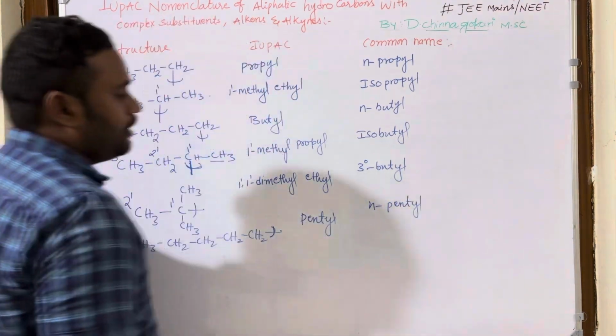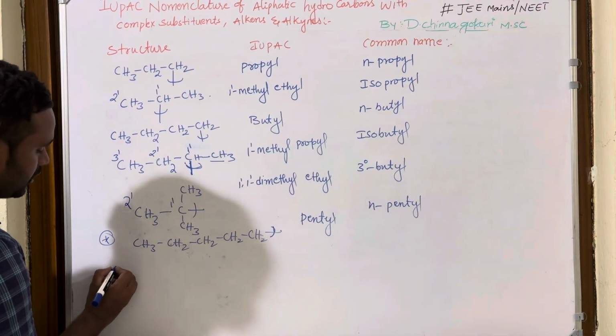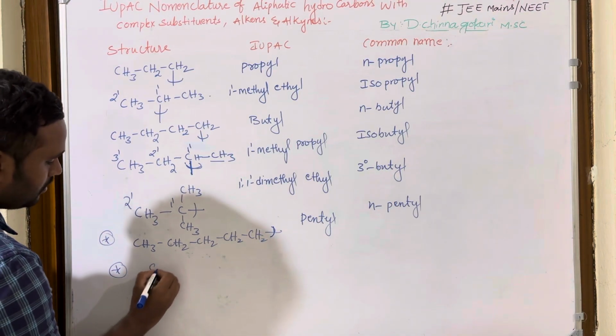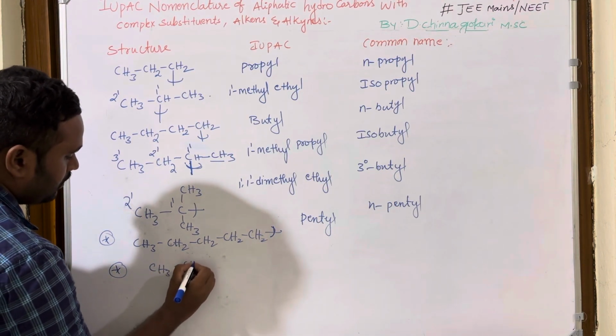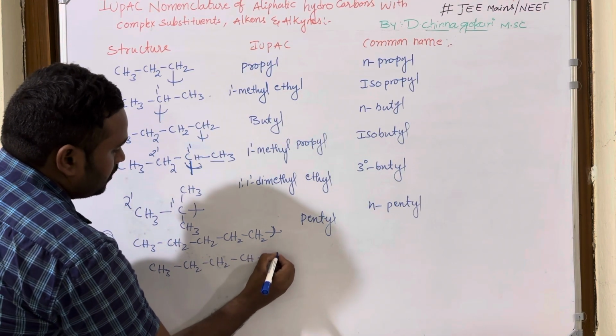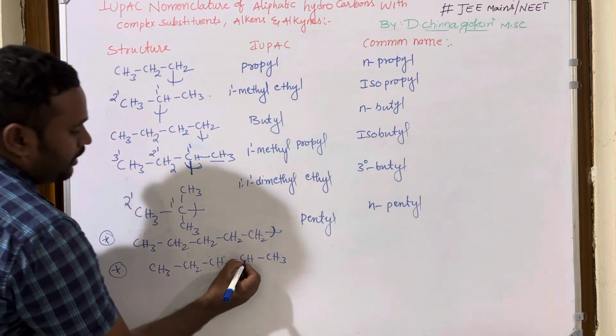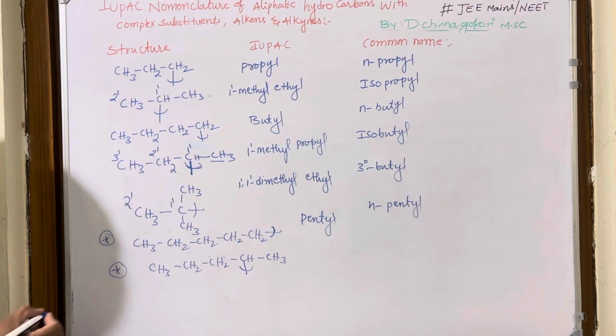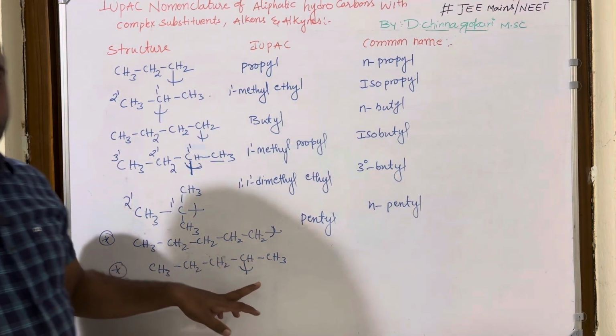Okay. Next, let us see one more variation here, that is CH3, CH2, CH2, CH, CH3, and now this carbon is connected to the longest carbon chain. Now what is the name of this compound?